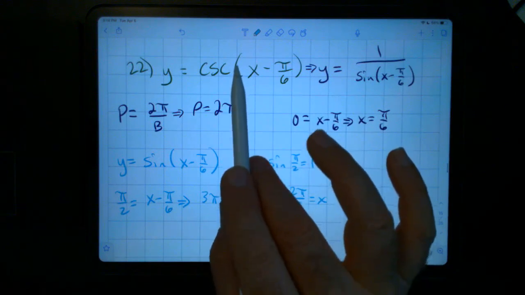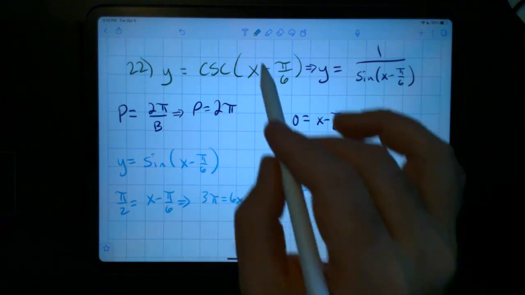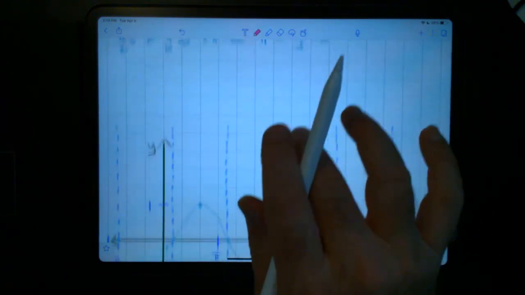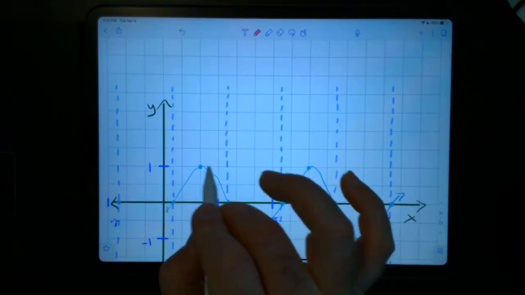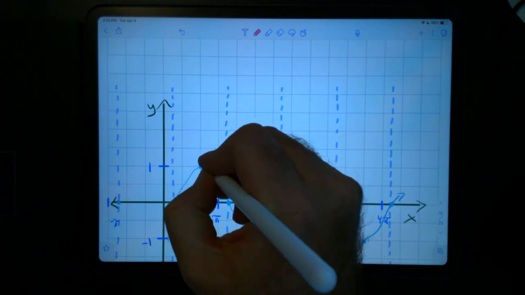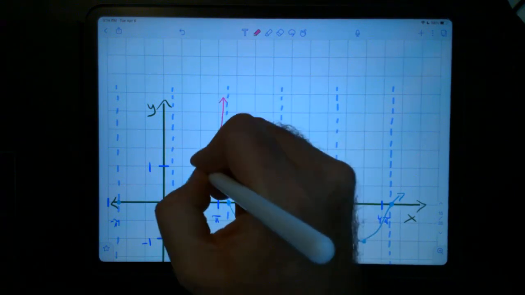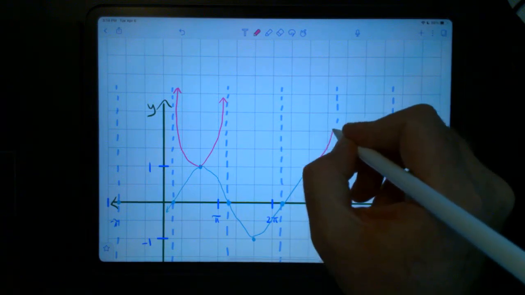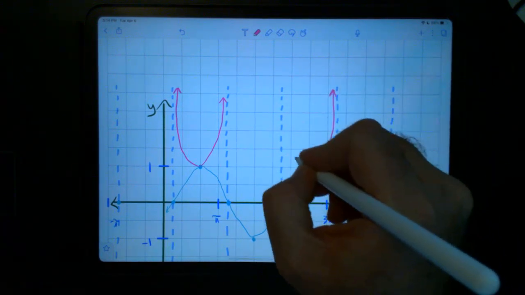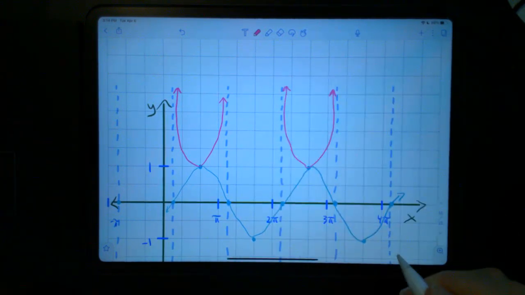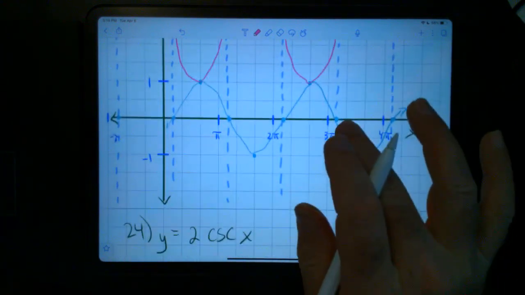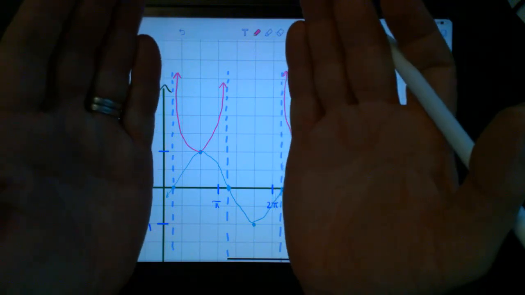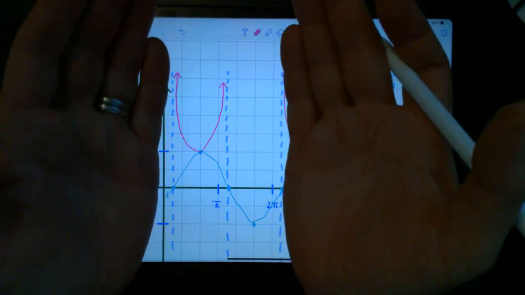But we're graphing cosecant. Cosecant is the reciprocal of this. And so instead of it bowing down, let's make this go up. Let's make this go up. And you know how I was saying that the period is this much, but our asymptotes are half as much?